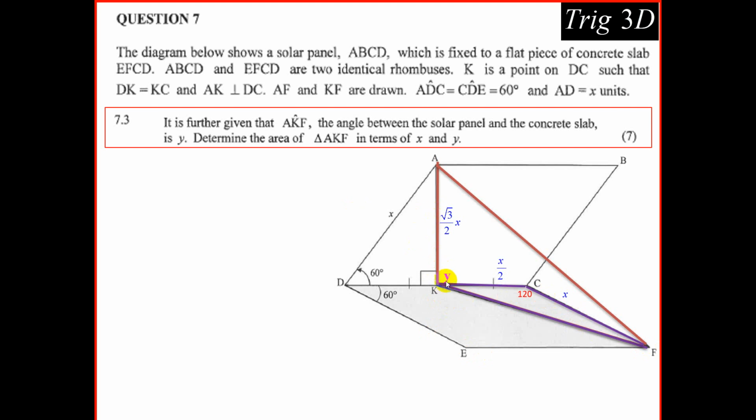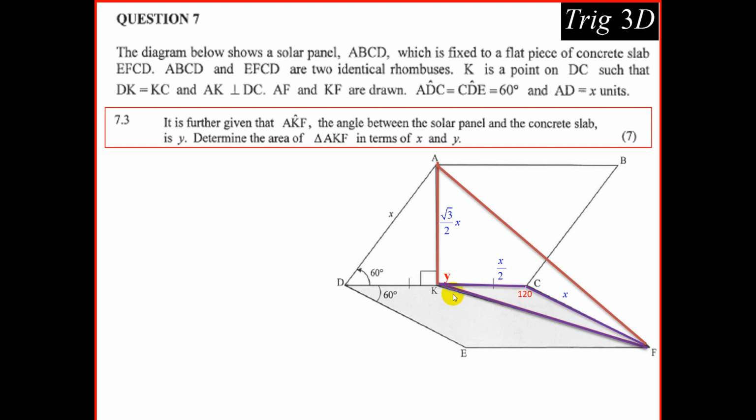So that means because these two rhombuses, the one on the top and the one in the bottom, are identical, if AD is X, it means that CF is X. We also can see that side DC is bisected at point K. In other words, DK and KC are equal. But we know the whole side DC is X because it's a rhombus. All the sides in a rhombus are equal. So each part has to be half X or X over 2.